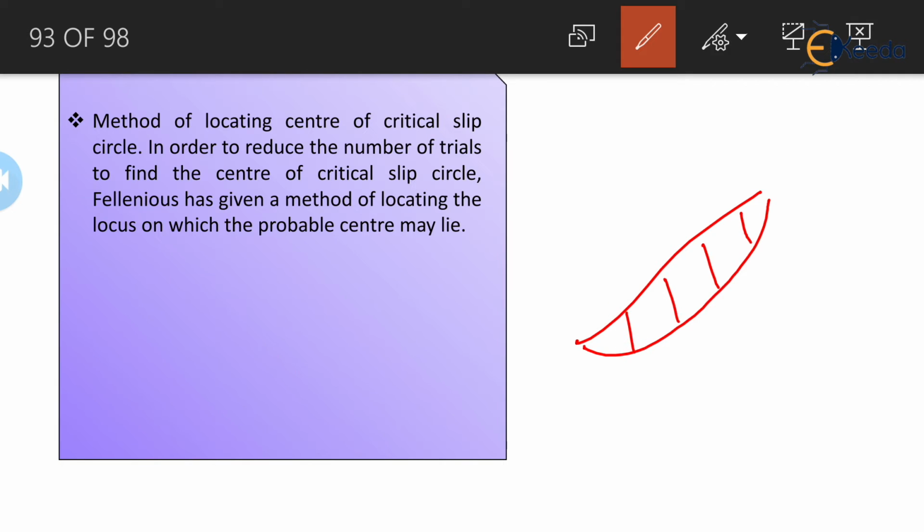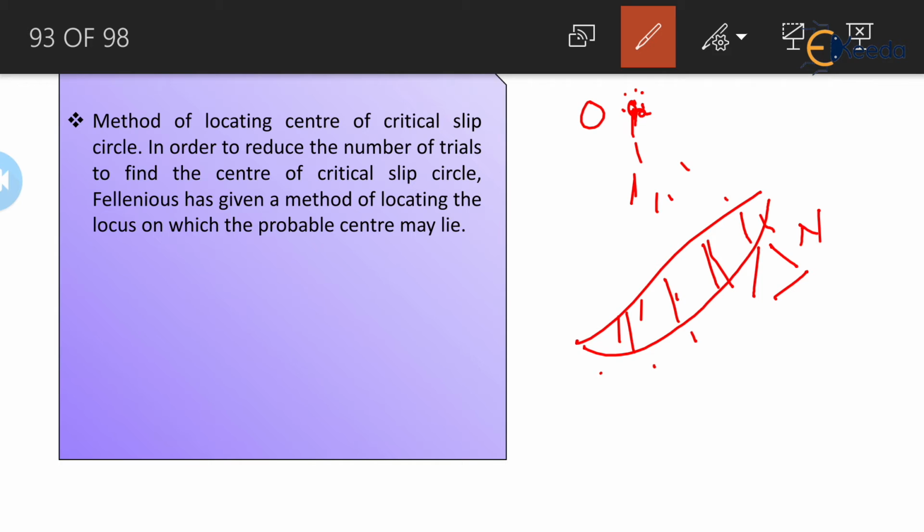After putting in each slice, this is the center; each slice has a weight and each slice has a normal component. When the normal components meet at a certain single point, that point will be your center.